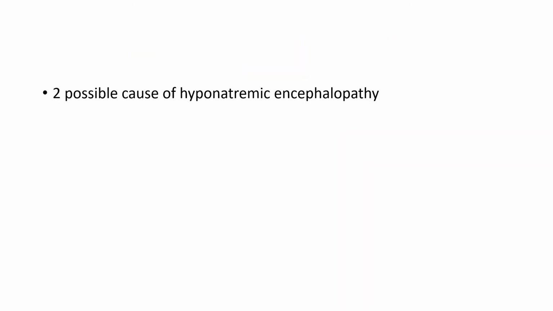What are the two possible causes of hyponatremic encephalopathy؟ طبعا عندنا هنا في الهايبوناتريميا مشكلتين. المشكلة الأولانية ممكن تحصل by the hyponatremia itself. You will get cerebral edema. It's number one.